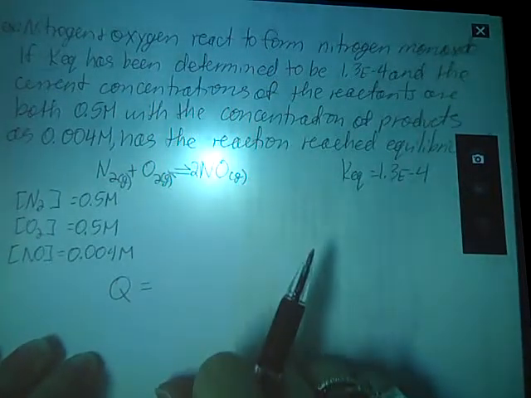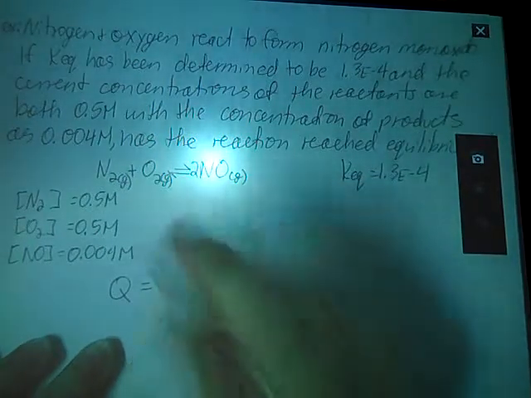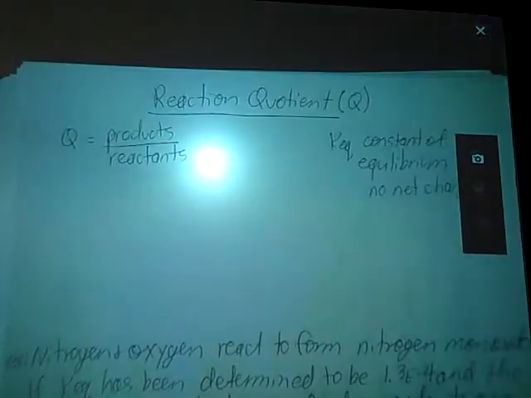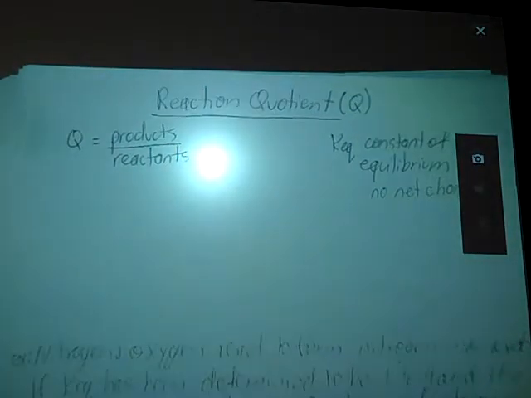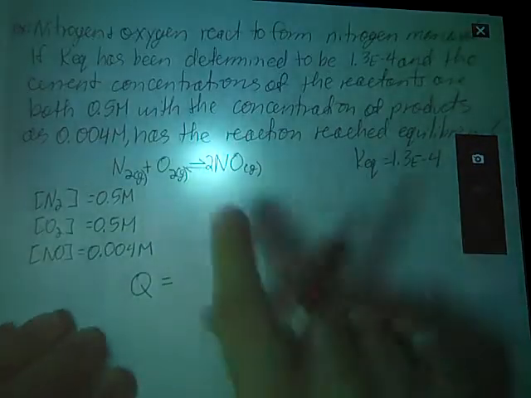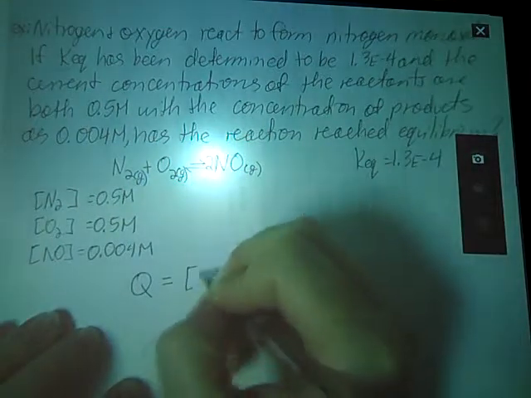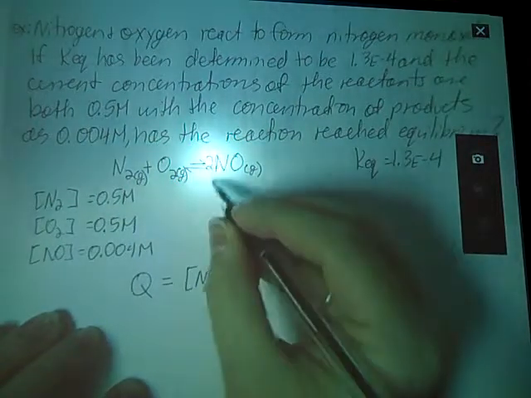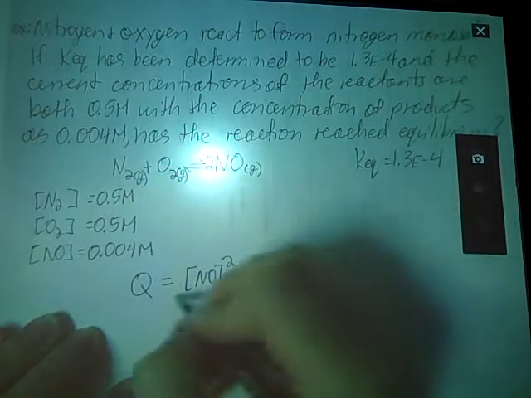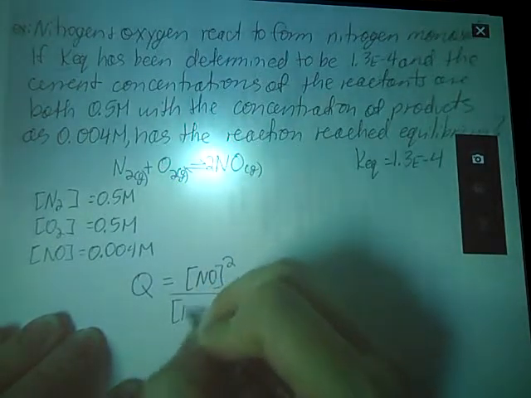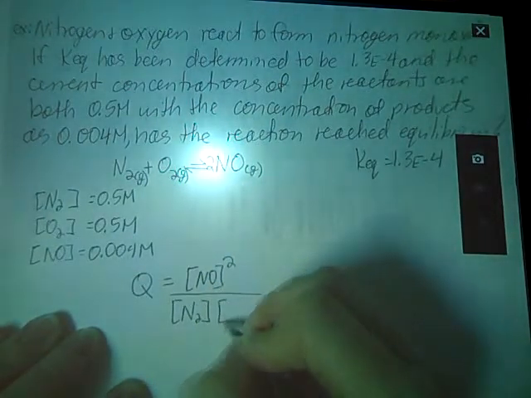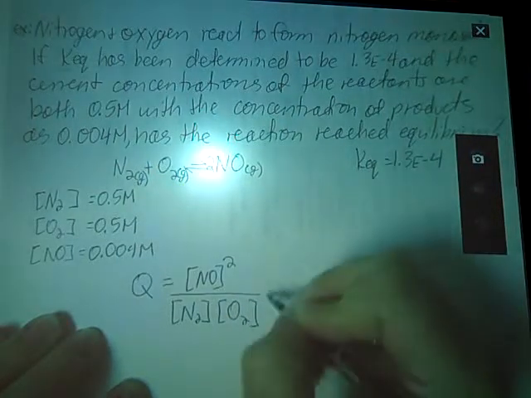To be at equilibrium, my Q should equal my KEQ. So let's find out. We're going to do products over reactants just like we do for KEQ. So my products are NO, and since there's a coefficient of a 2 here, this is squared, divided by my nitrogen concentration times my oxygen concentration.